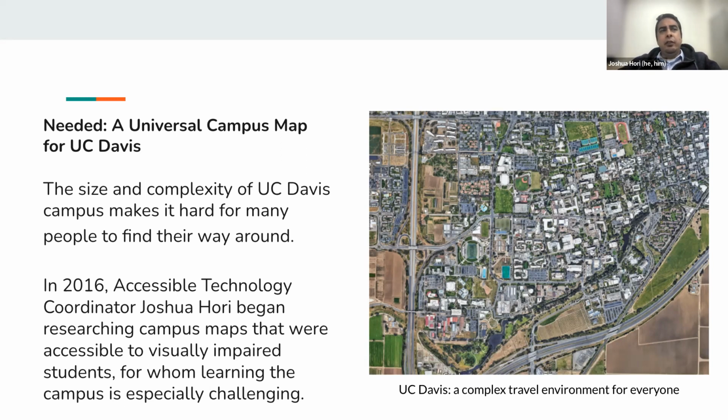Back in 2016, I started doing research of different types of campus maps that were accessible to the visually impaired. I found some of our older maps, which are basically hand-drawn, brailled content of the whole map, which was interesting to view, but it no longer mapped all the buildings that we had. It was from the early 80s, late 70s.